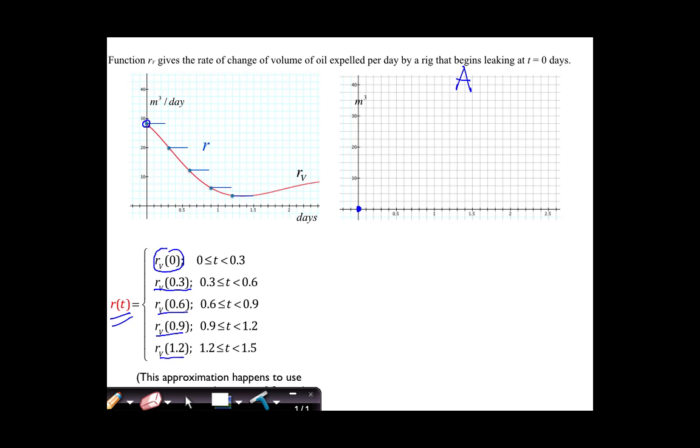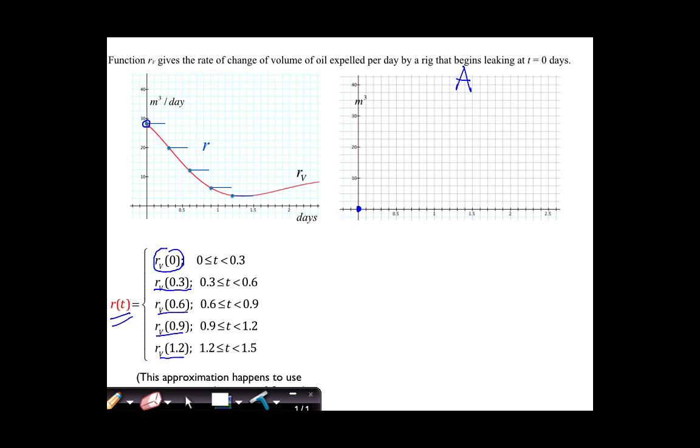This time we're increasing because we've got all positive rate values. But just as a start, the first thing we did was, well, how much accumulation would I have by time 0.3? How much oil would have spilled by time 0.3?